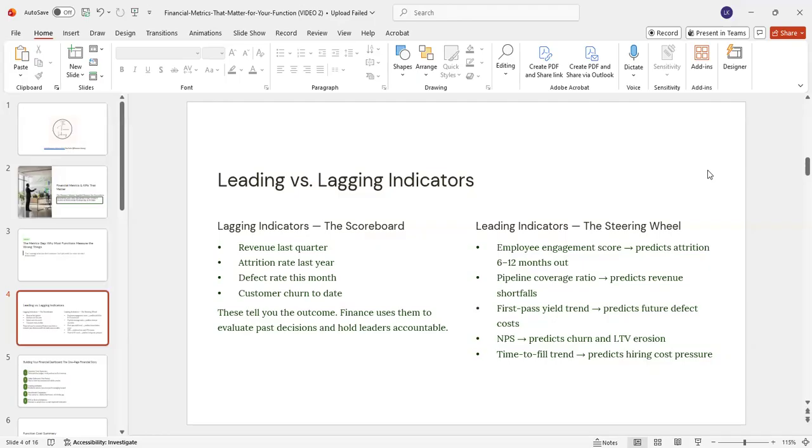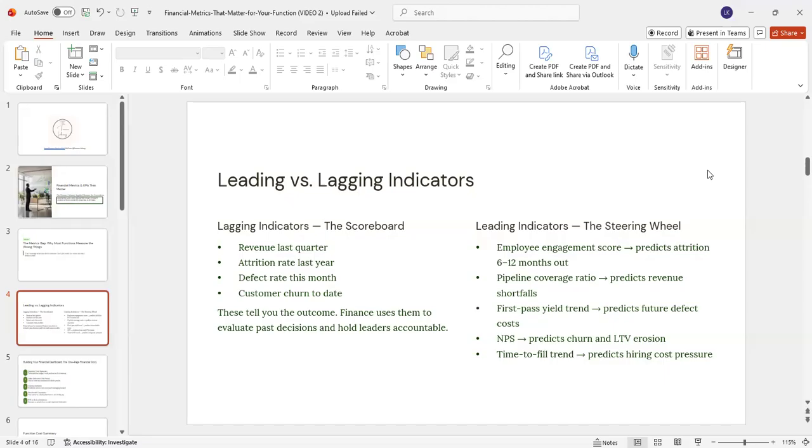If you see the pipeline coverage as weak, that tends to predict revenue shortfalls. Or if you are in manufacturing, the first pass yield trend, meaning the percentage of products that pass the process the first time without requiring, say, rework or repair. That would be a good indicator of what future defect costs might look like.